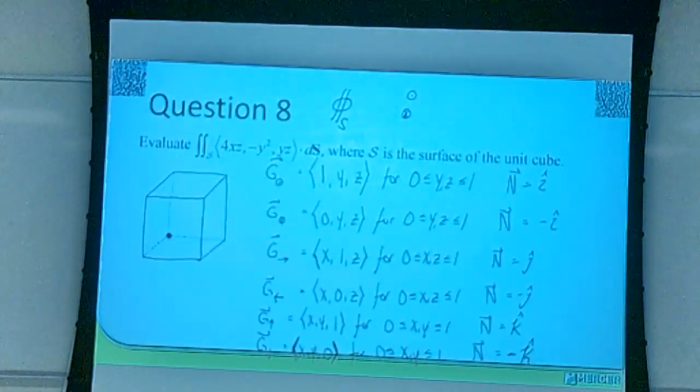There are 6 surfaces. It's going to be the sum of the 6 flux integrals.